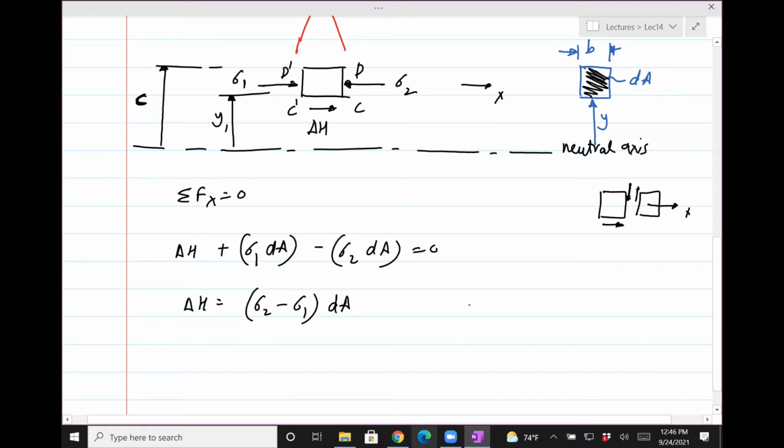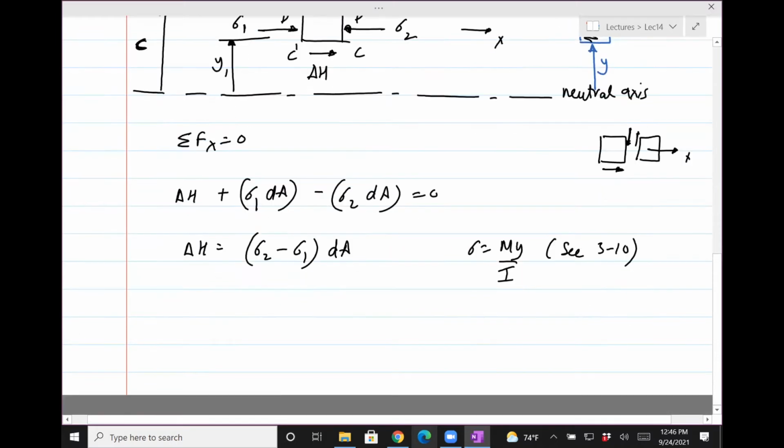But we know that sigma equals My divided by I. This is section 310. So we can write M2 y divided by I minus M1 y divided by I, times dA. So I can pluck out y and I as a common factor.